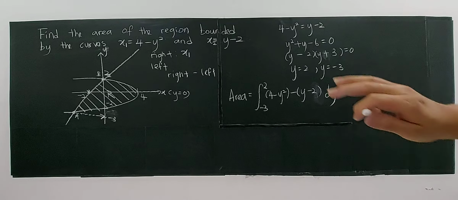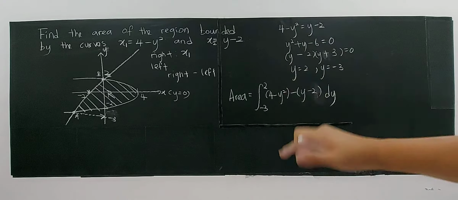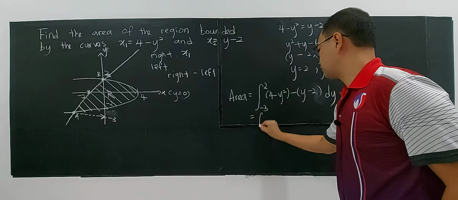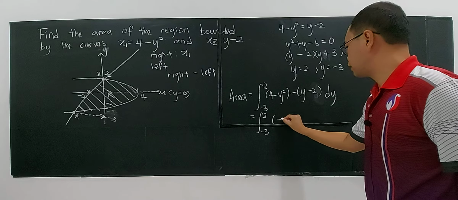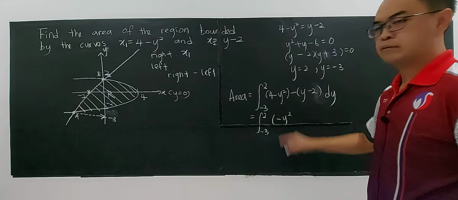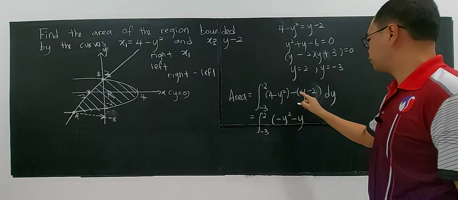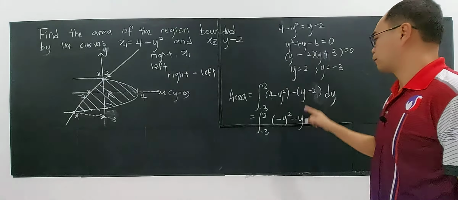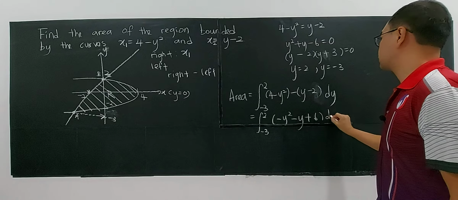After you have defined the area, the following should be correct. Before that, I will simplify from negative 3 to 2. Rearranging this, you have negative y to the power of 2, negative y, 4 plus 2, positive 6, dy.